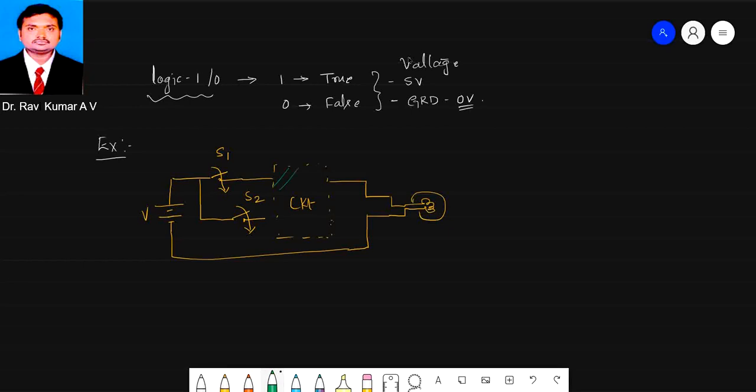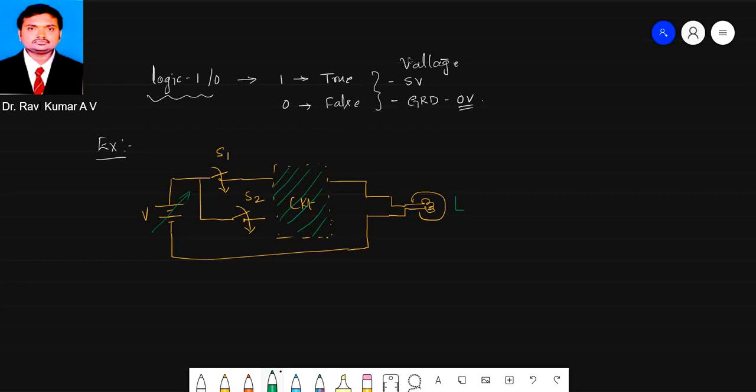This is the circuit we need to design in such a way that it works as I require. Let's say I have given the voltage level as this. With respect to these switches, I need to control my lamp. This is L.